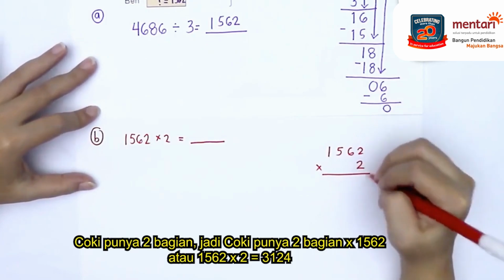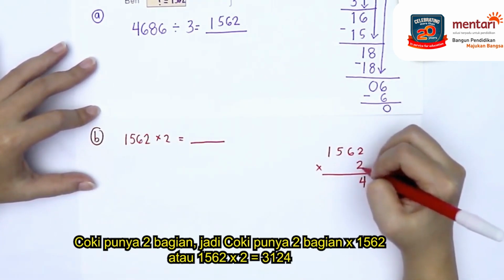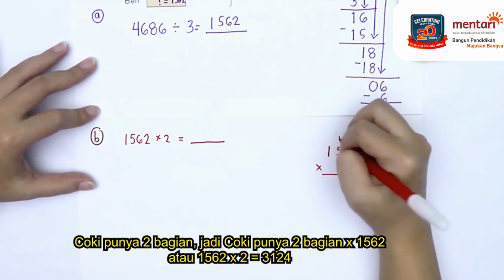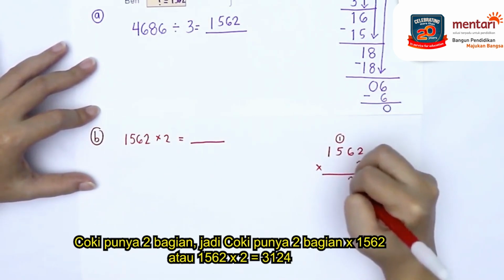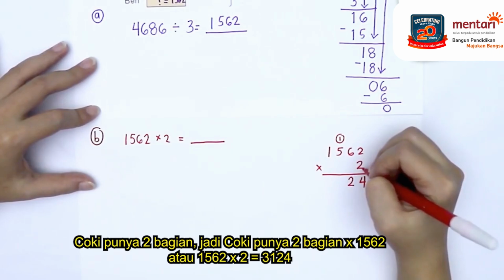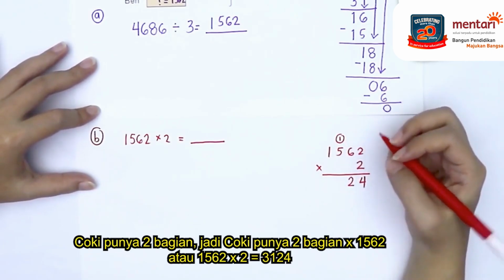2 ones times 2 will give us 4 ones. 6 tens times 2 will give us 12 tens. And we know that 12 tens is equal to 100 and 2 tens. 5 hundreds times 2 will give us 10 hundreds. And we have 1 more, and that is 11 hundreds.